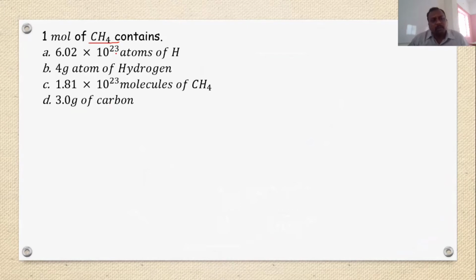So 1 mole of a molecule should be equal to the molecular mass of the particular molecule. அப்ப இங்க 1 mole of CH4 என்ன இருக்கும்? கண்டிப்பா it should be equal to the mass of CH4. So carbon mass is 12. Hydrogen mass is 1, so 4 hydrogen are 4 into 1. So total should be equal to 16 gram. So 1 mole of CH4 weight is 16 gram.